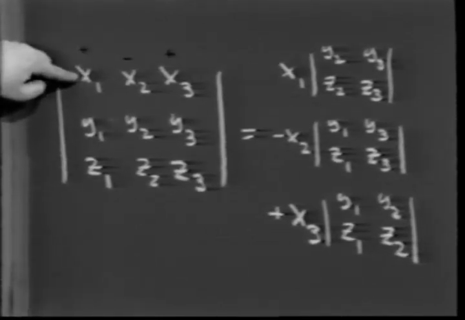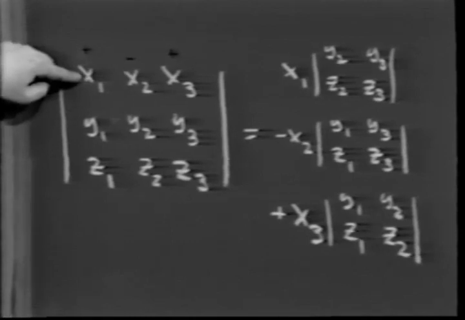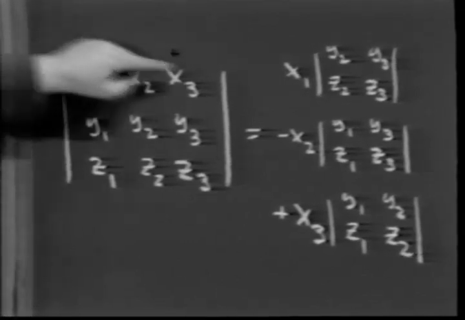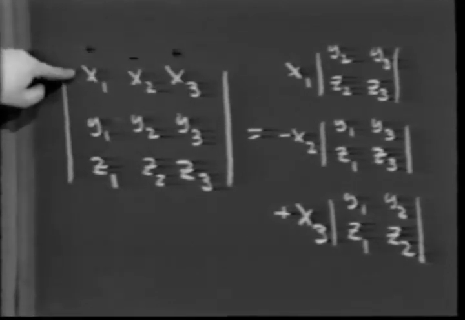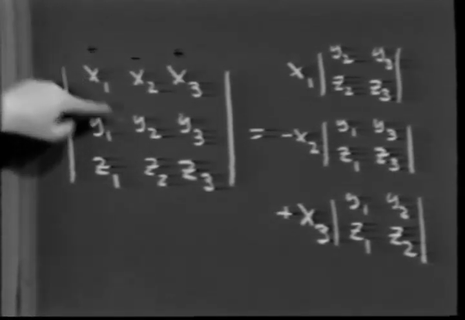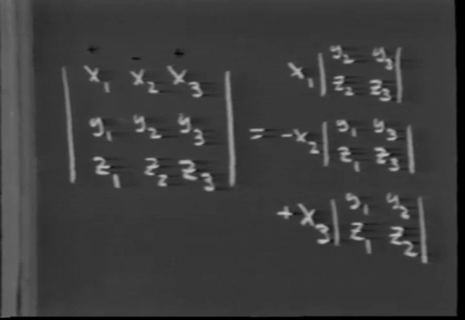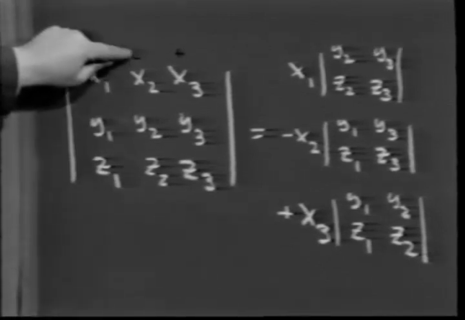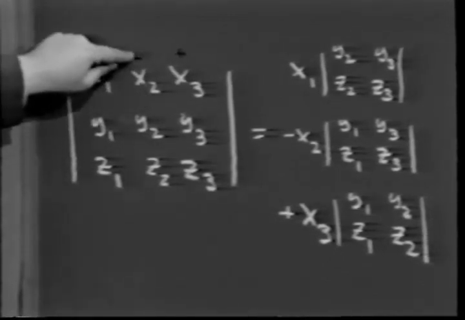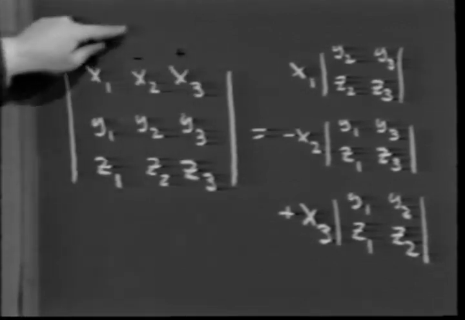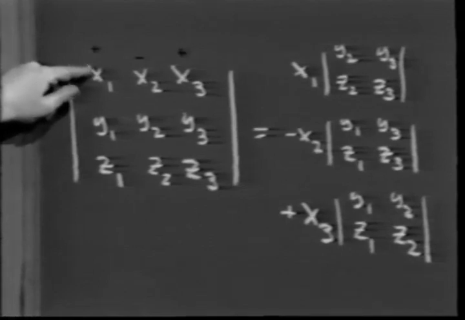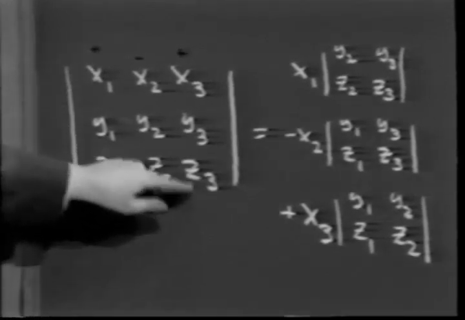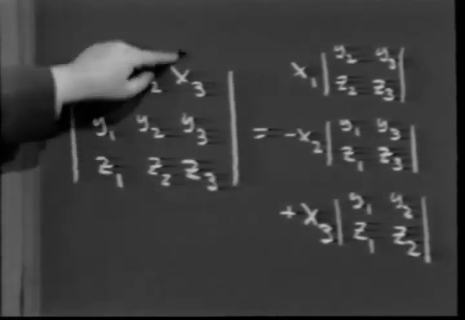By definition, this 3-by-3 determinant is obtained as follows. Take x1 as it appears, and strike out the row and column in which x1 appears, and multiply x1 by the remaining 2-by-2 determinant. Then what you do is you factor out x2 with a minus sign, strike out the row and column in which x2 appears, and multiply x2 by the remaining 2-by-2 determinant that's left.